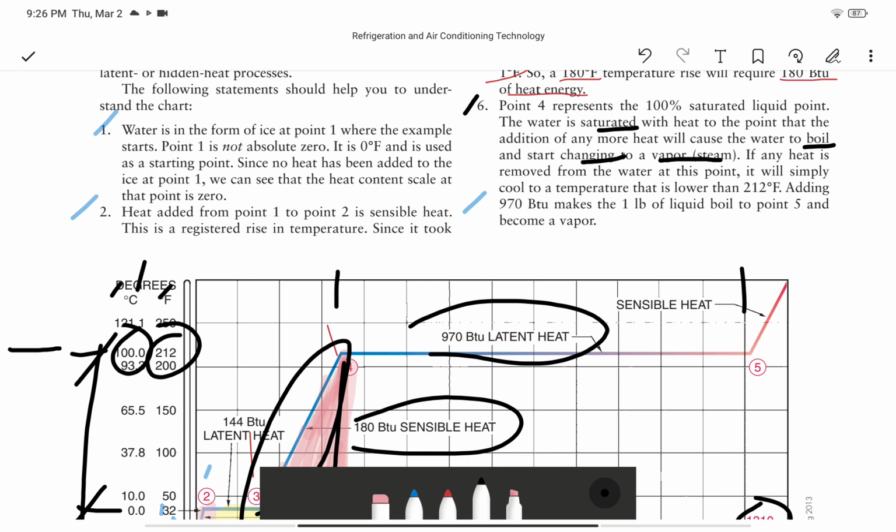If any heat is removed, the water at this point will simply cool to a temperature lower than 212. Adding 970 BTU makes 1 pound of liquid boil to point 5 and become vapor.